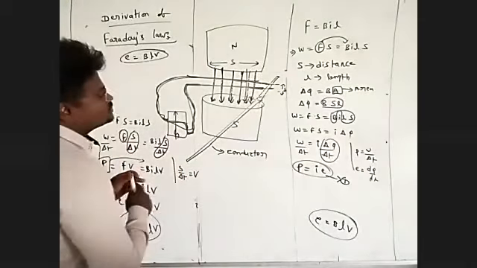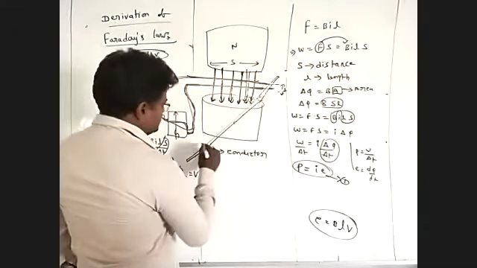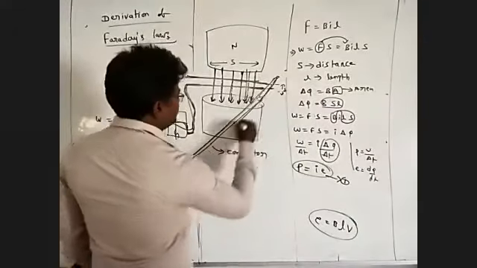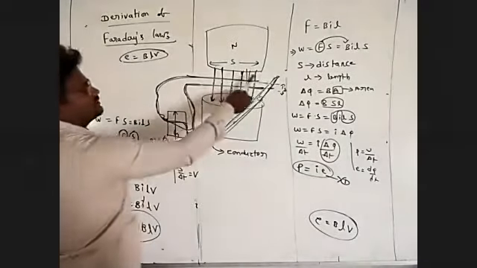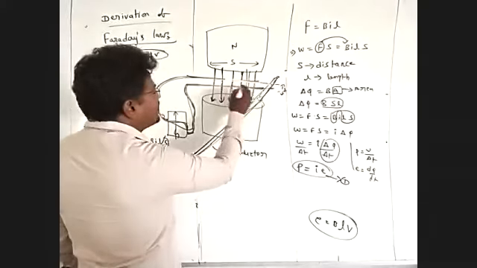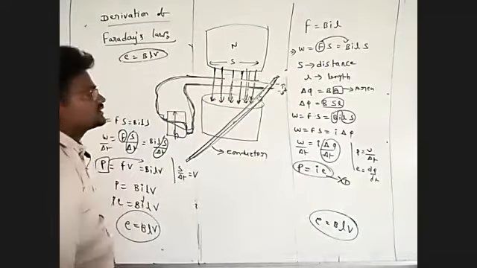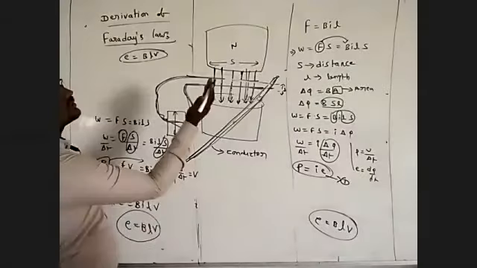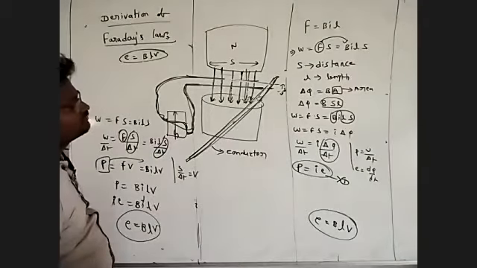Suppose this connector moves in this direction, what will happen? There is a change in flux lines linked with the coil, then induced EMF and induced current flow in the coil.